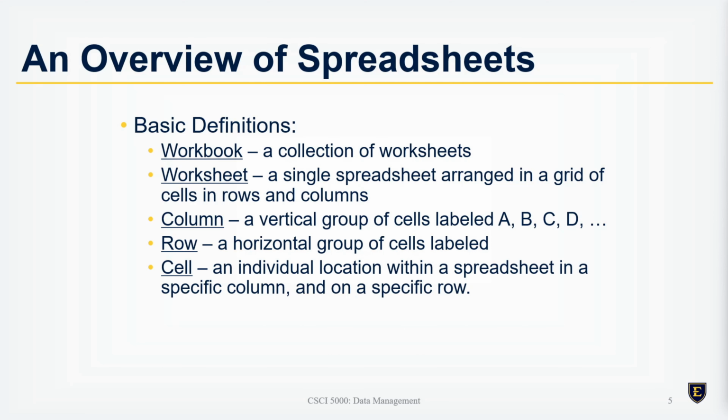A row is a horizontal group of cells in a worksheet that is labeled 1, 2, 3, and 4 down the left side. And a cell is an individual location within a spreadsheet, within a specific column and on a specific row. Those are labeled with the column name followed by the row number.